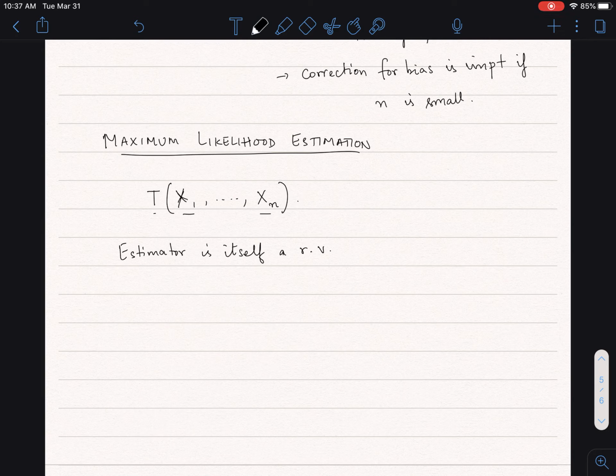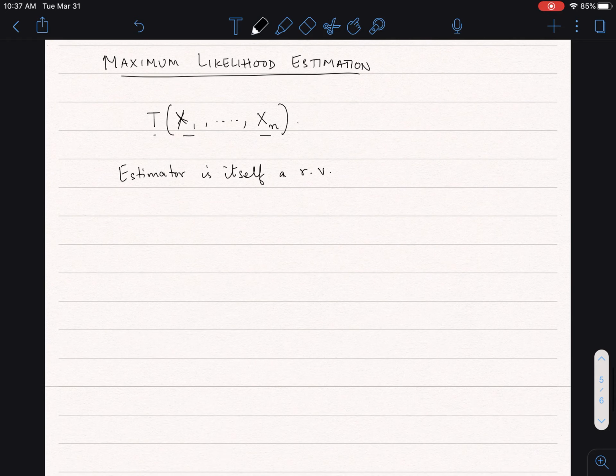Now let's look at a very different viewpoint. Let me motivate it with a very simple example. Suppose we toss 100 coins, and we observe an outcome which is some sequence of tosses.